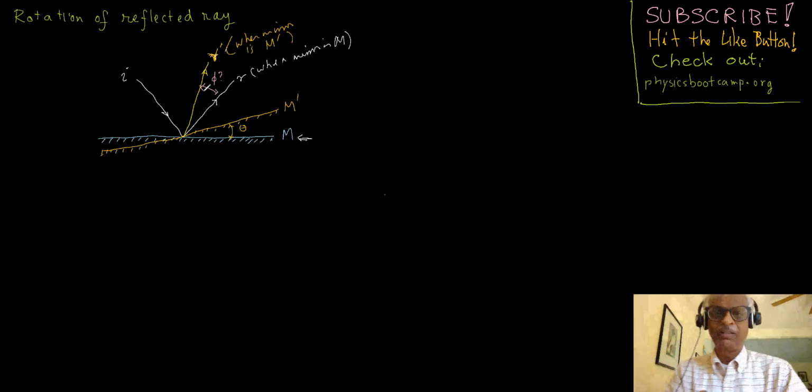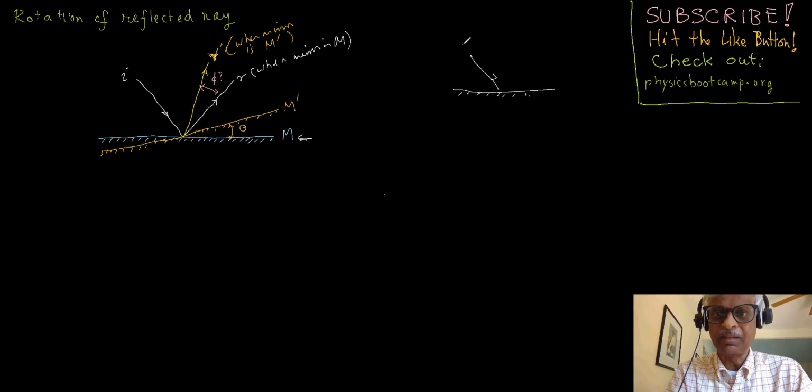This is a very simple problem, and you probably know how to do it. Just reminding you that if this is a mirror and the ray comes in like that, then the way we define the angle of incidence and reflection is we draw a line at 90 degrees to the reflecting surface.